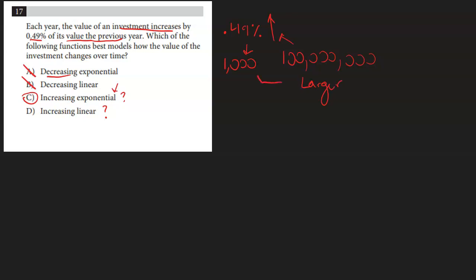So these two are not the same, meaning it must be exponential, versus a linear increase, where a linear increase would be the same throughout. So it might just every year add 5, no matter what the previous year looked like. But we know that's not the case because it's based off the previous year, so we know it's exponential.